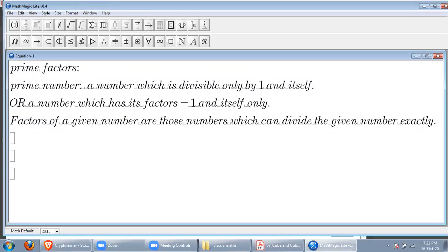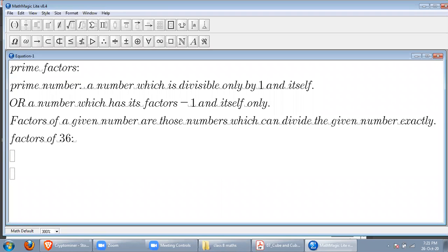So tell me, what are the factors of 36? Yes, tell me.